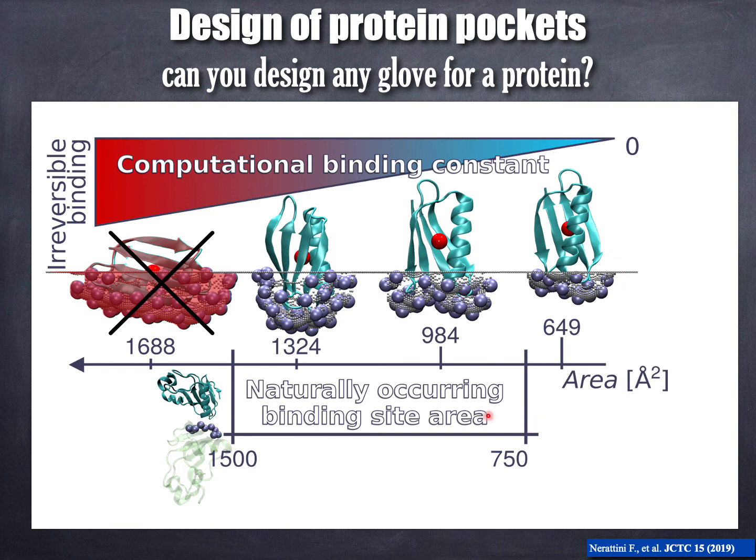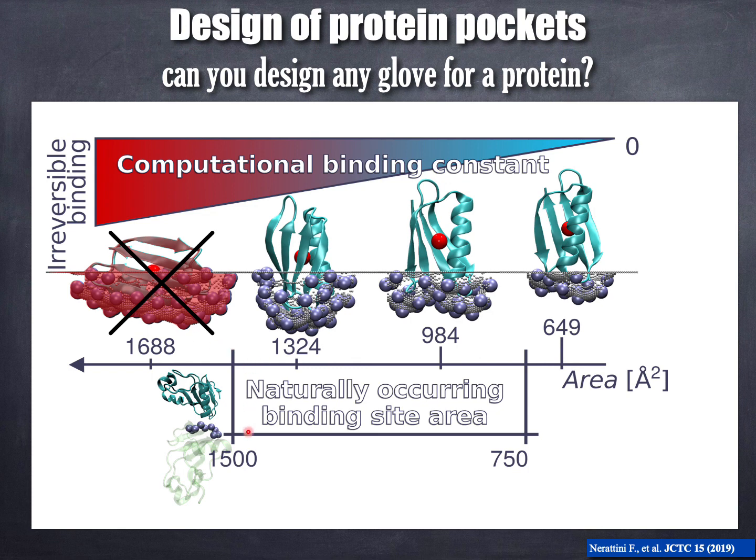So pockets that are too small offer a binding affinity that is not strong enough to be of practical use, while the ones on the other end of the scale have very strong binding affinity that is unnecessary for nature application, because they could lead to irreversible binding, which is not something that normally you want in biological systems.